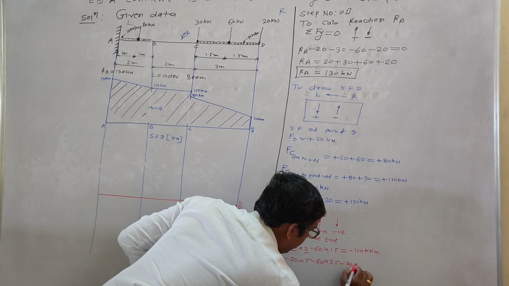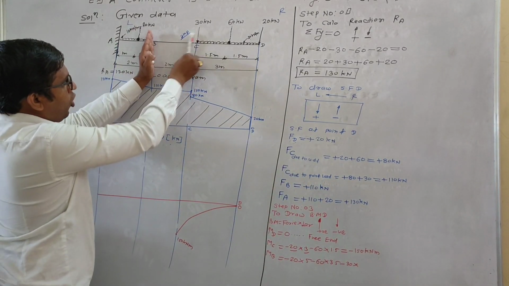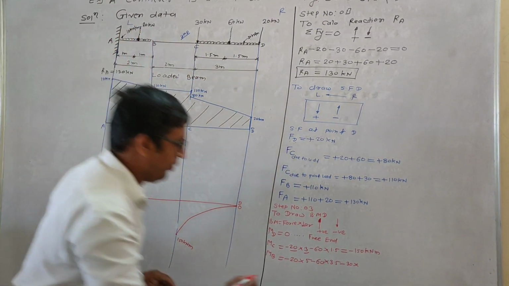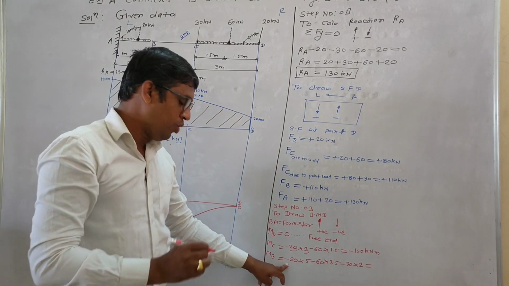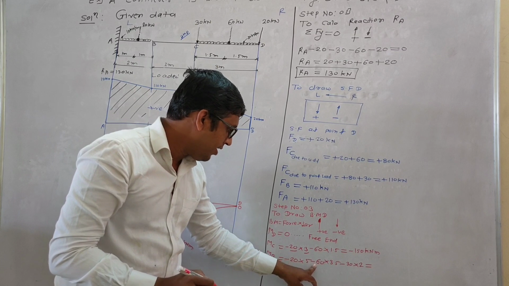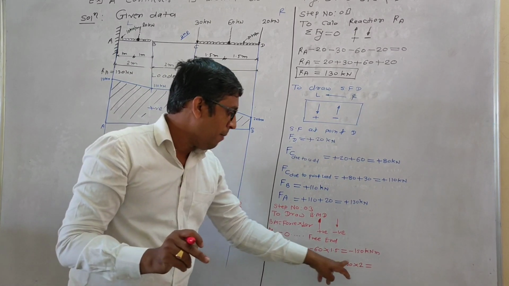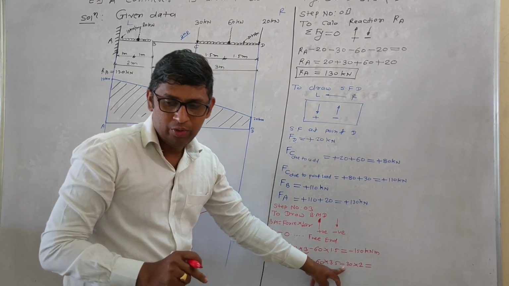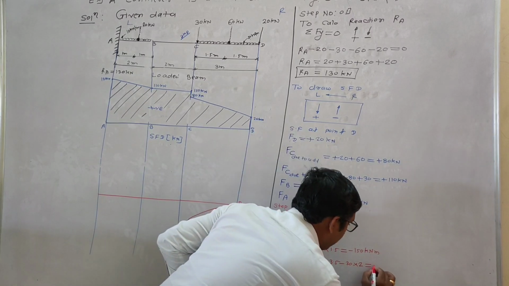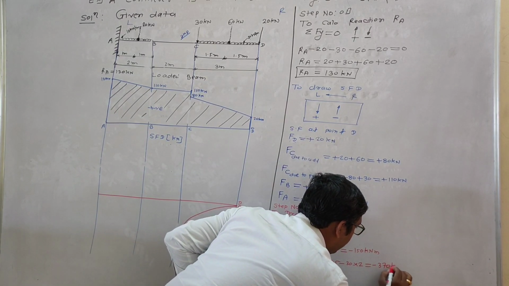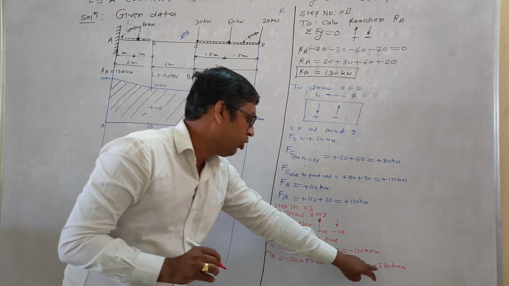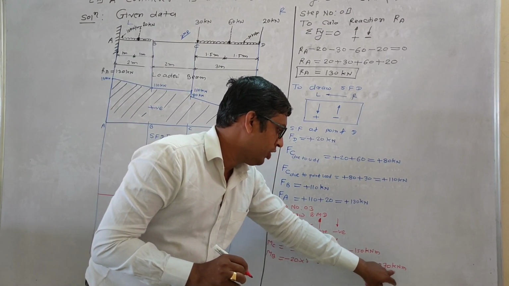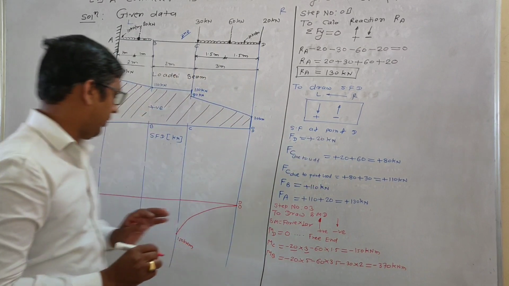Minus 30 into the perpendicular distance, how much? 2. Your answer is minus 20 into 5, minus 60 into 3.5, minus 30 into 2, and your answer is minus 370 kilonewton meter. Do the calculations. Ultimately we got minus 370 kilonewton meter.